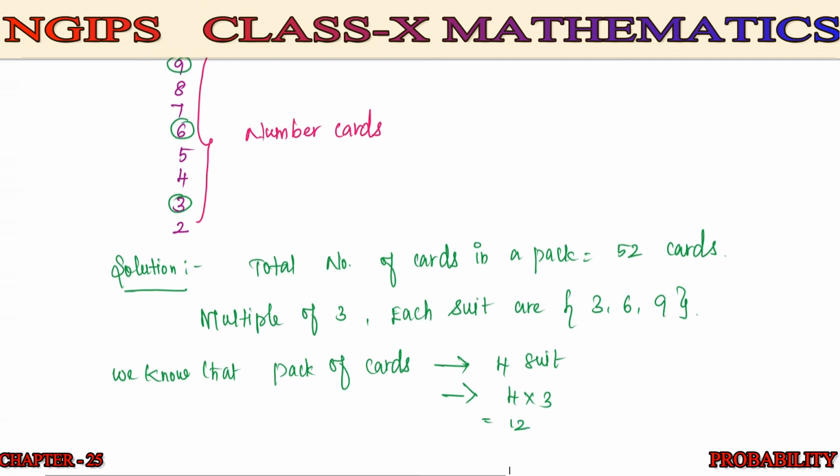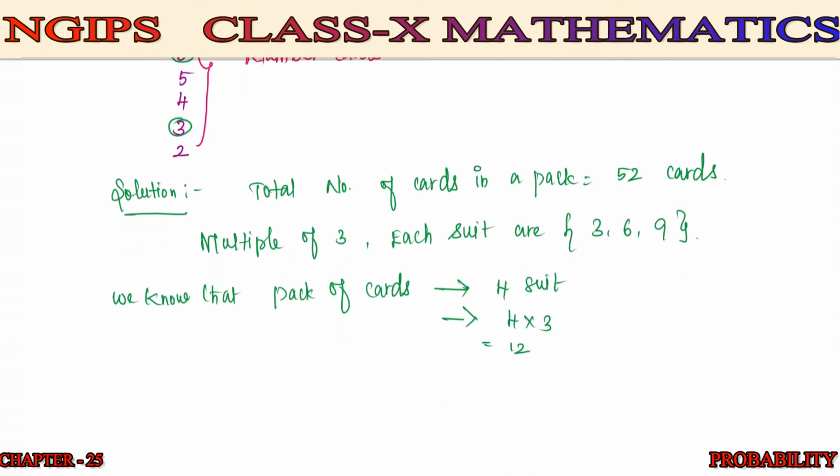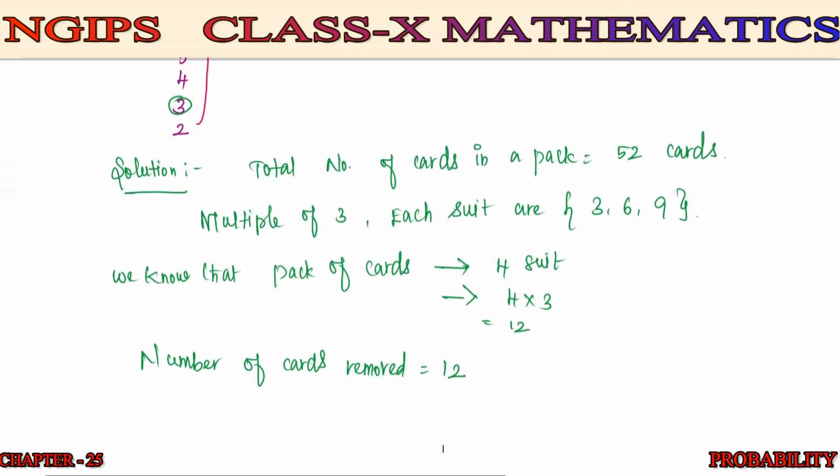Now therefore, see, number of cards removed is equal to 12. And we need to find out the total number of possible outcomes.